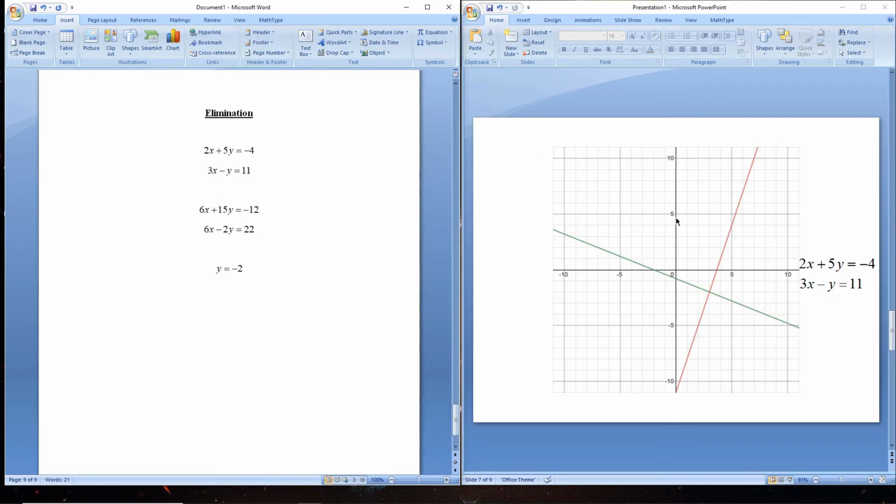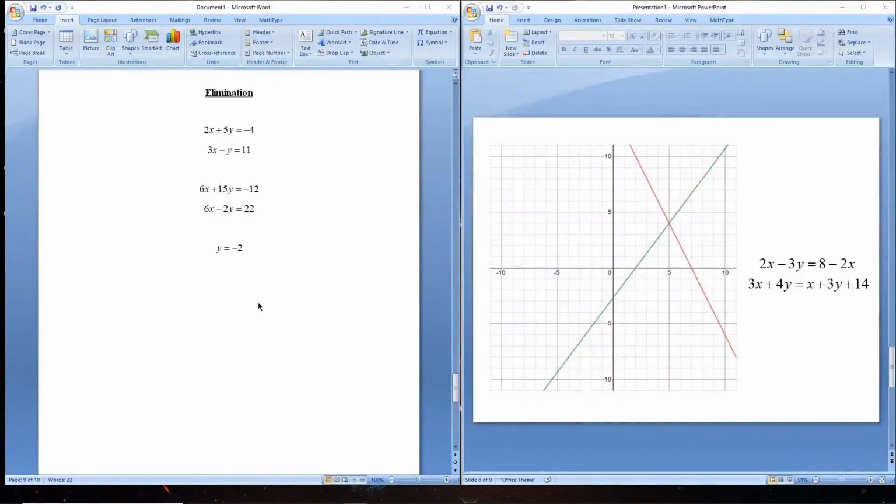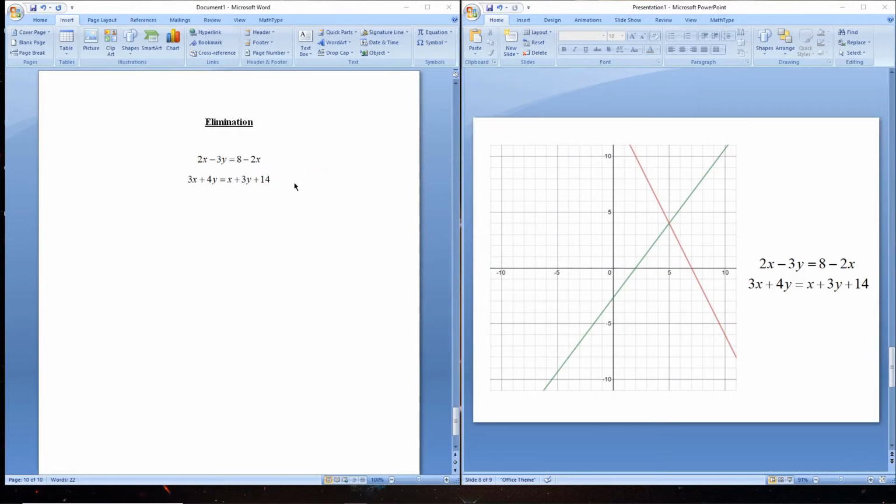The next problem we did was substitution, which was this longer one where we had to combine the terms. Now again, even with elimination, the first step here would be to combine these terms up. So we already did that previously, and I'm just going to paste that result we got in there.